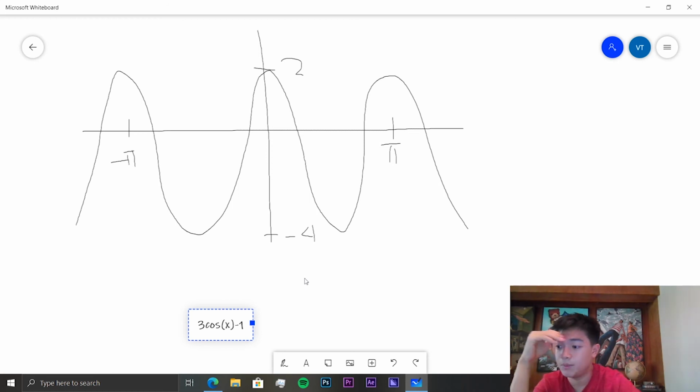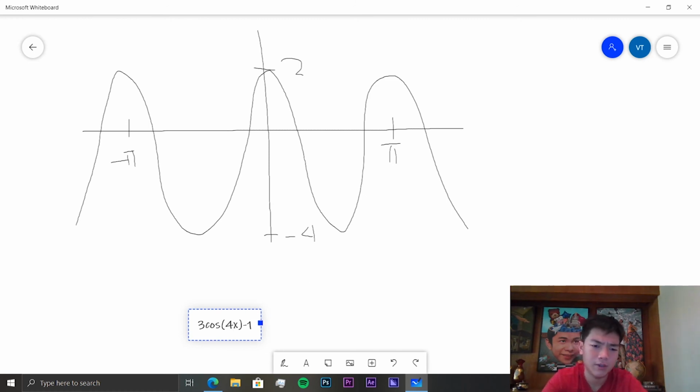But we need to manipulate this a little so that it fits, because we can see the period is 1/2 of what it should be. So I think it's pi over 2. No. It would be 1/2. 2 pi over 1/2. This should be 4 pi x? No, this should just be 2x, honestly.